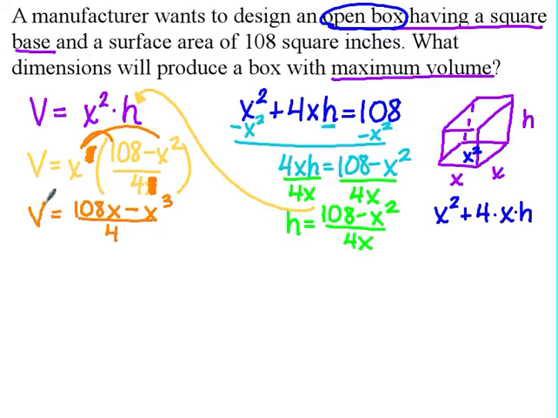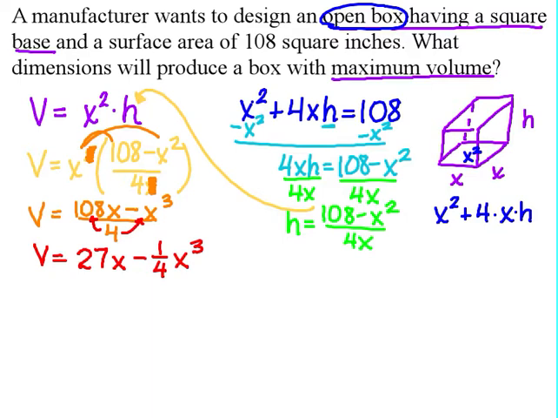Now there's one other thing I can do right now that would make the problem just a hair easier before I find the derivative. I'm going to divide each of these by 4. So what is 108 divided by 4? 27. So I have 27x minus 1/4 x cubed.